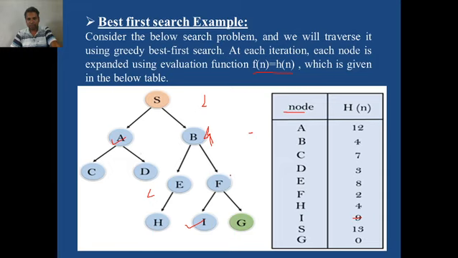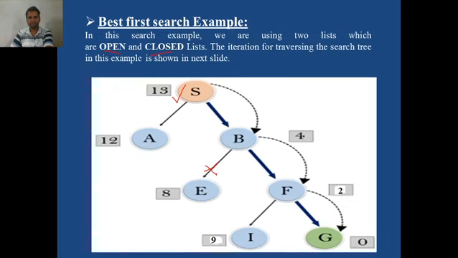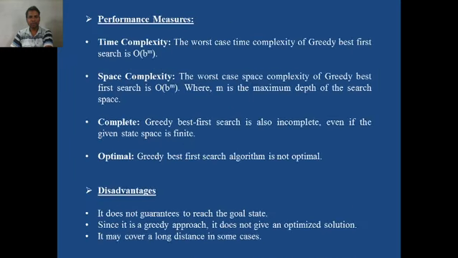It is 2. The heuristic cost associated with node G is 0. Okay, so how much cost do you need to reach the goal? The cost of S is 13. So 13 plus 4 plus 2 will be 19. So with the cost of 19 you can reach the goal. So this is the working of the best first search algorithm. So hope you understood this.